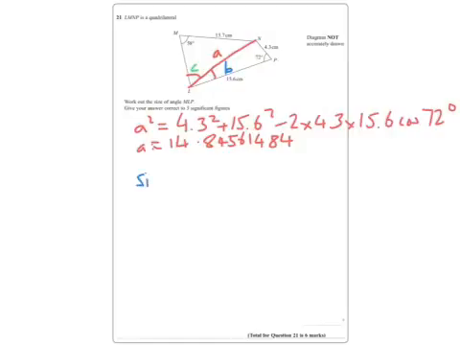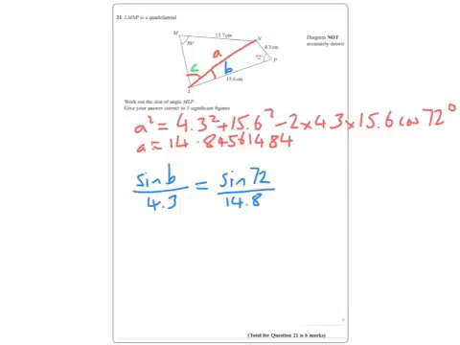So sine of B over 4.3 equals sine of 72 over 14.8 and so on.